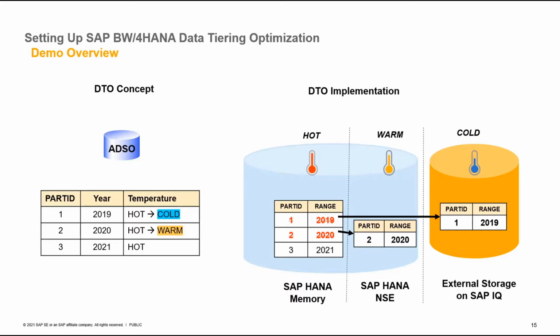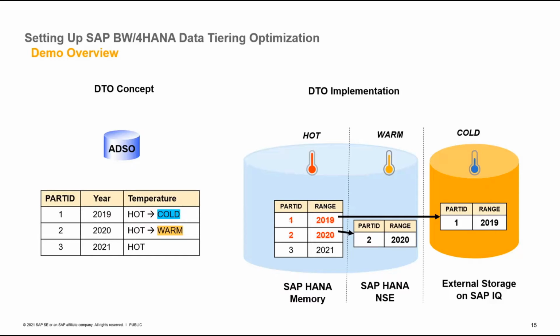Quick overview of the demonstration I would like to provide to you. So we have an advanced data store object which manages purchasing data for 3 years. Equally, there are about 1.8 billion records for 2019, 2020, and 21.